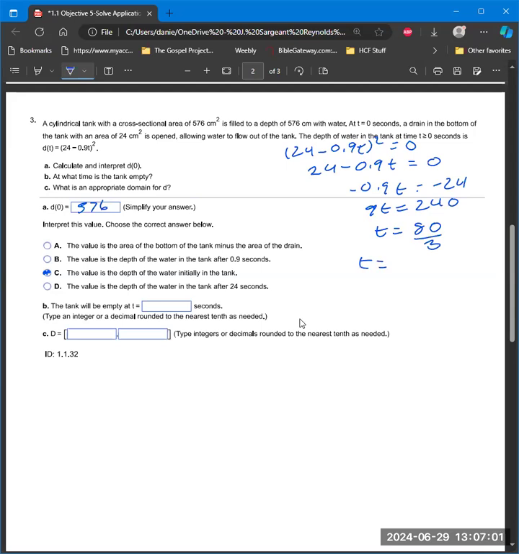Dividing out, that's 26.6 repeating, because I keep putting more zeros and carrying more 2's like that. It says to round to the nearest tenth, so it will be 26.7. And that gives us a domain of time as 0 to 26.7 seconds approximately, since we rounded to the nearest tenth.